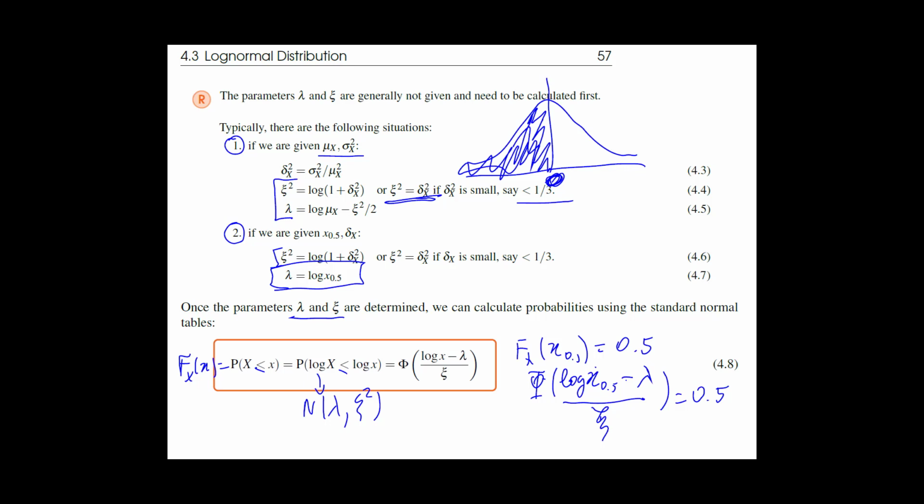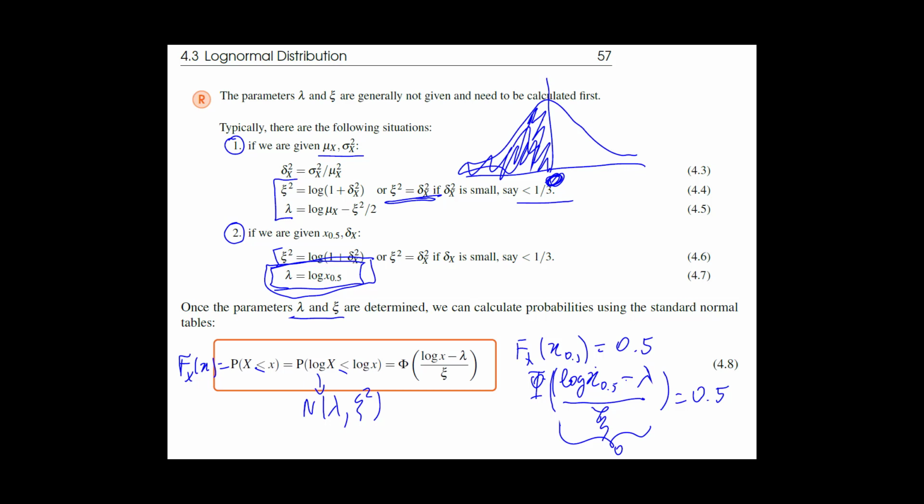So what's inside the parentheses has to be 0. And if this is 0, you see clearly that log of x of 0.5 has to be equal to lambda, which is what this result says right here.